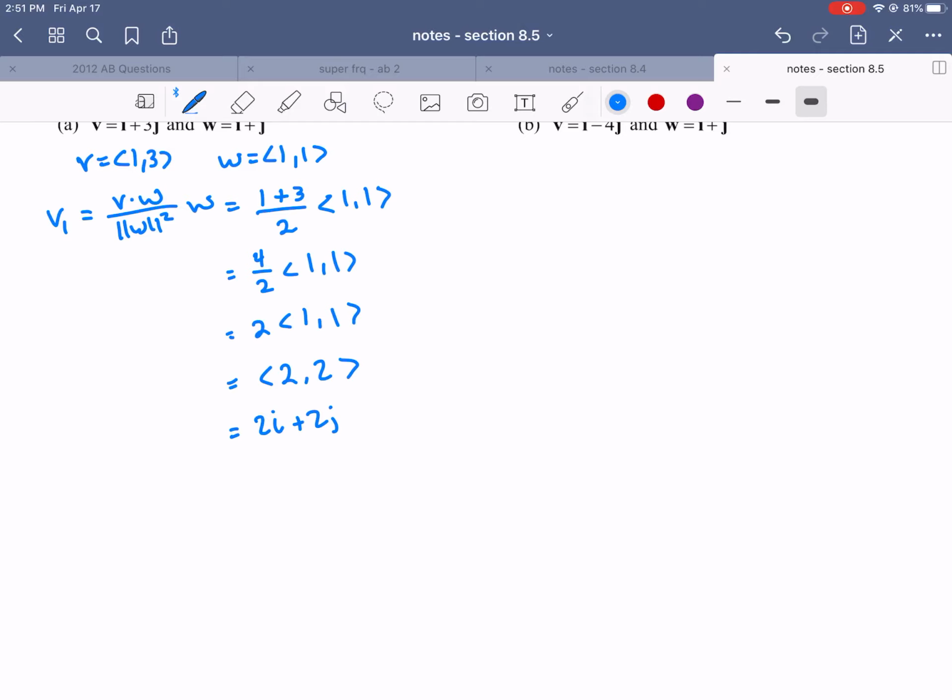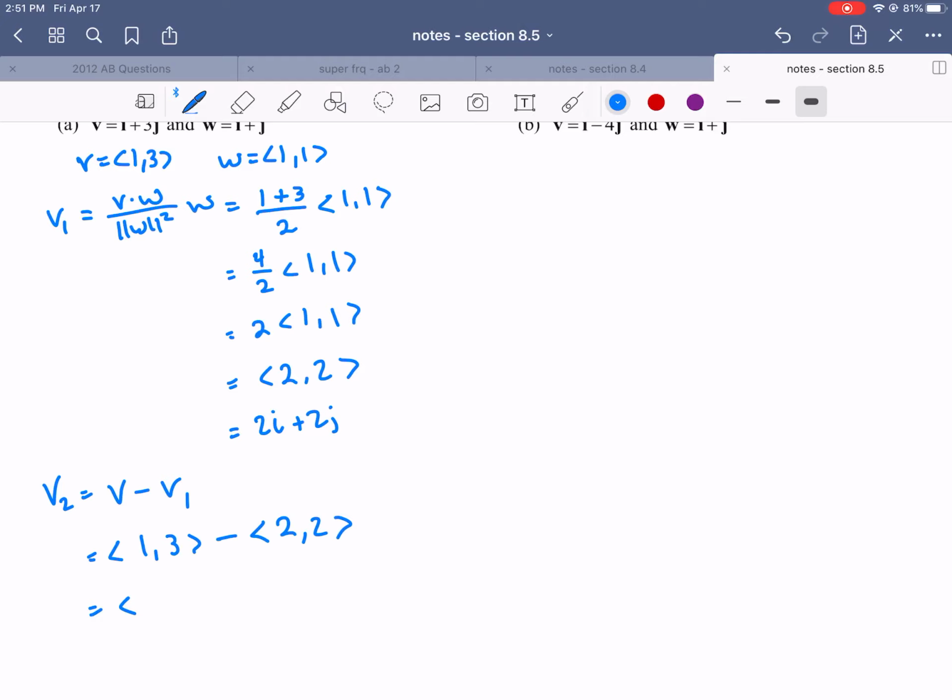Okay, once you have v1, you are now able to find v2, which is just going to equal your original vector minus v1. And so this is going to equal our original vector v, which is the vector 1, 3, and then subtracting our v1 vector that we found in the first part of this question. And so when I subtract vectors, I'm just going to subtract their respective components.